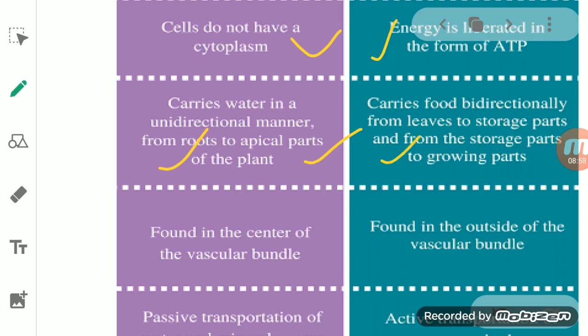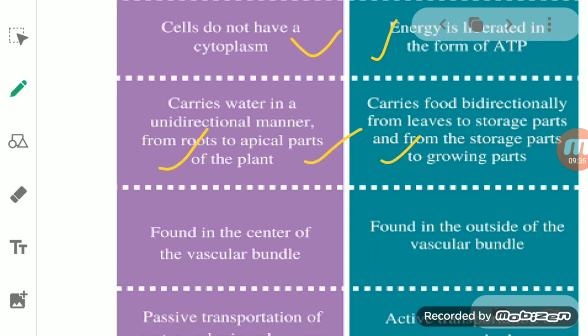When we talk of the phloem, then we see that it carries food bidirectionally. That is, from leaves to the storage part, and from the storage part to the growing plant. So here the food is prepared in the leaves, and it is carried to the storage part, where it is to be stored in the form of starch, as well as transferred to the upper portion or to the lower part of the plant.